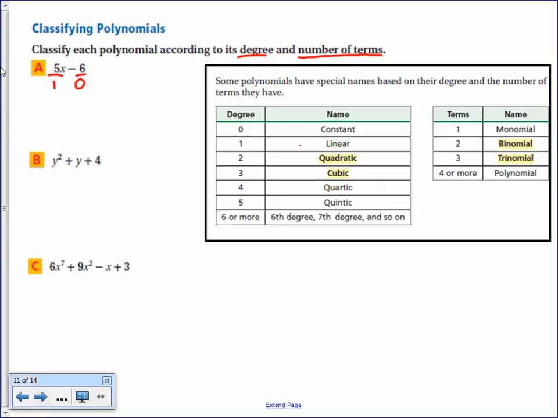So this one is linear. So let's write that out, a linear. And then it has two terms, right? So that is a linear binomial. So just write that out like that. Looking at letter B, that one has a degree of 2. So that one is a quadratic.